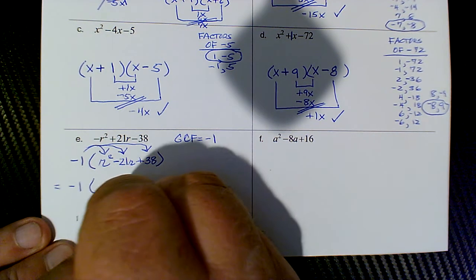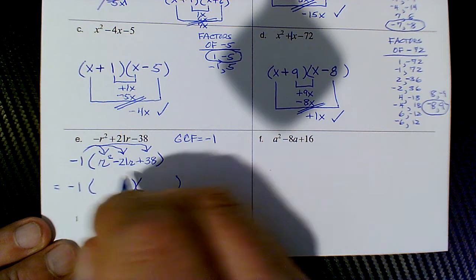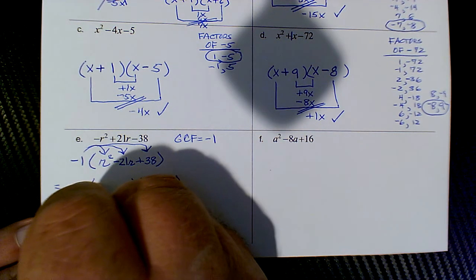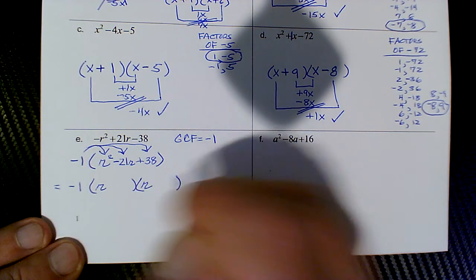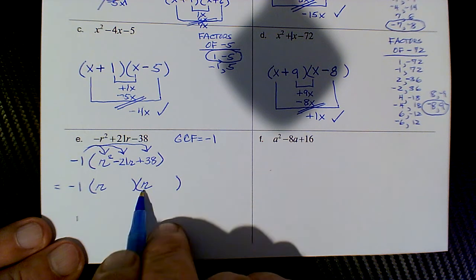So that negative 1 is part of the factorization. But then we can go further, because now we have a quadratic trinomial, which we assume is factorable into the product of 2 binomials. And since it's r squared, just like when we have x squared, we'll use x and x. If it's r squared, we'll use r and r.